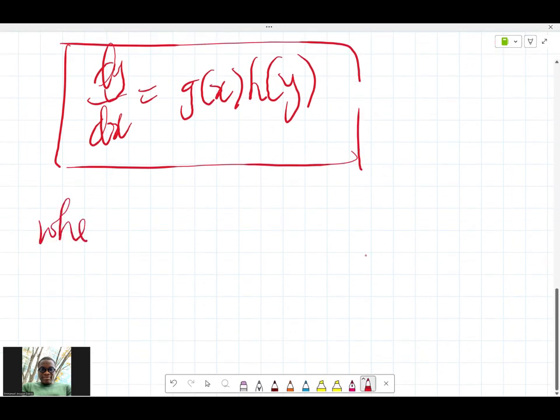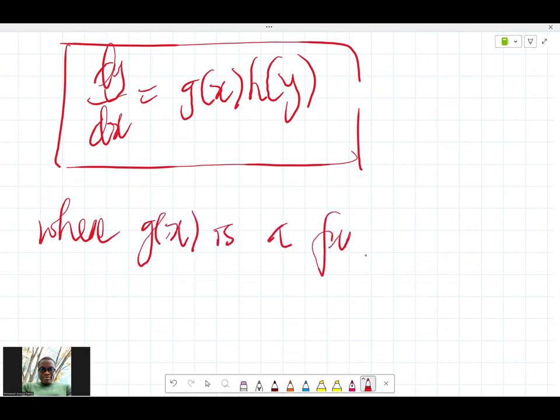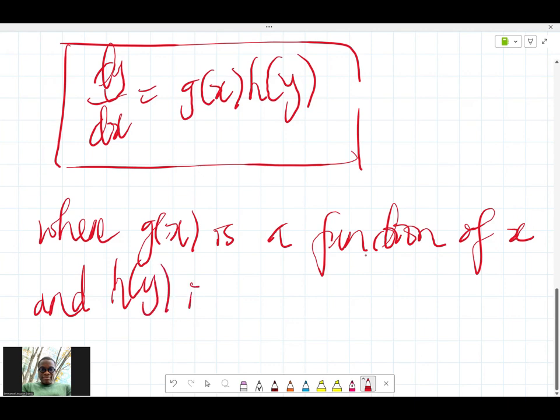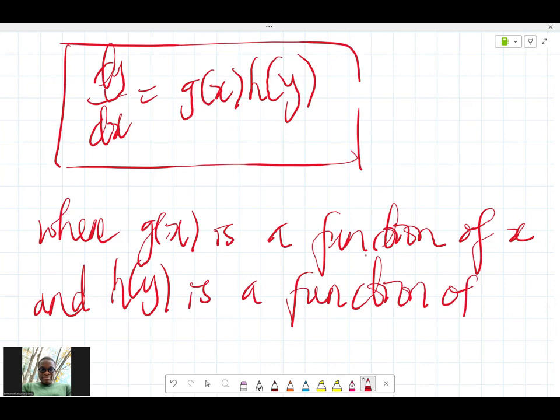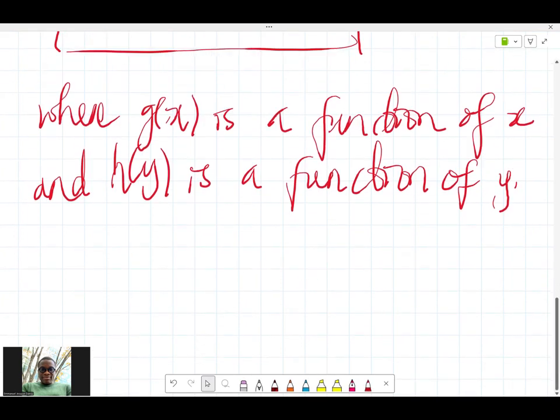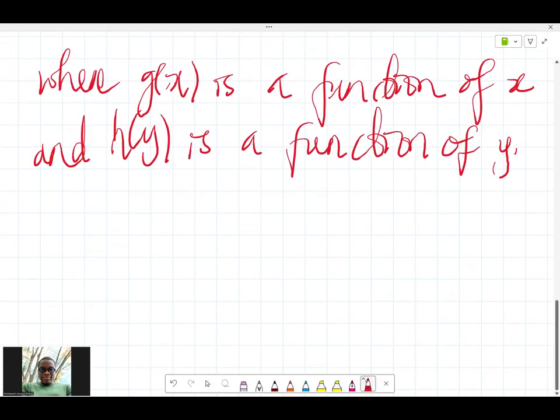Here g of x is a function of the independent variable x, and h of y is a function of the dependent variable y. So we can separate them like that. Now, what is the goal here?